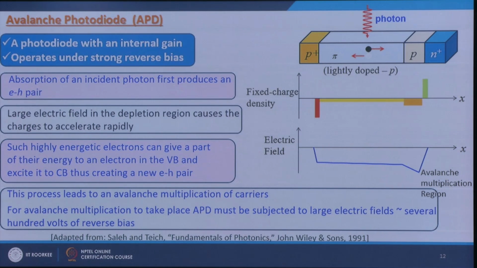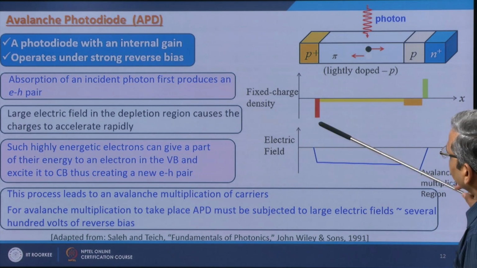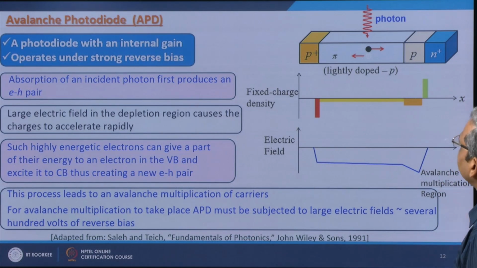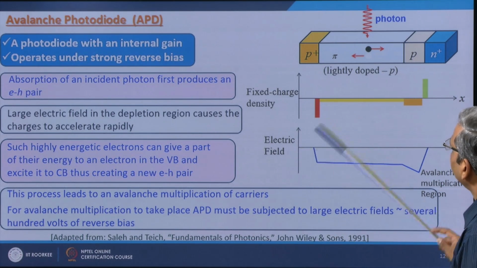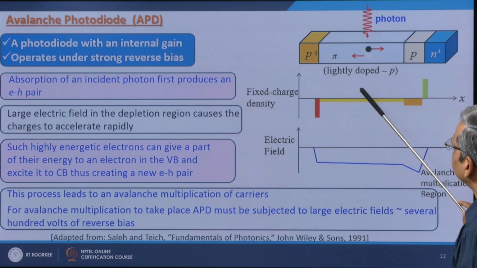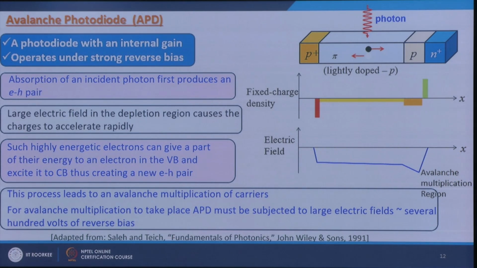If I look at the fixed charge density across various layers, you have very high negative charge density here in the p plus region, and the lightly doped p region will give you moderate fixed charge density. Then this is the charge density of the p region, and this is the positive charge density in the n plus region.